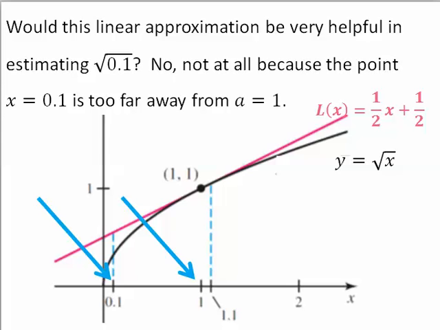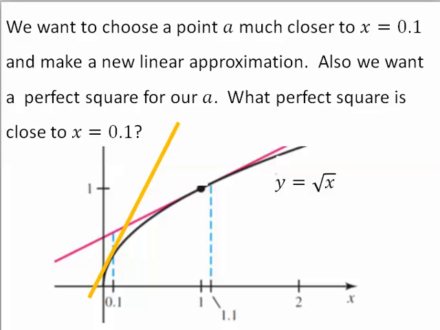This is not going to work at all. We want a different linear approximation. We want to choose a point much closer to our target point of 0.1 and make a new linear approximation. Now, the point we want to choose has to be a perfect square.